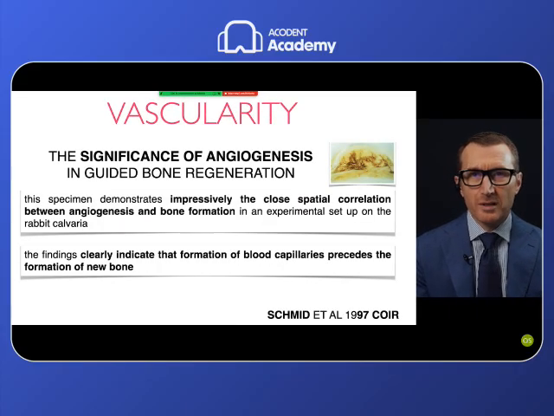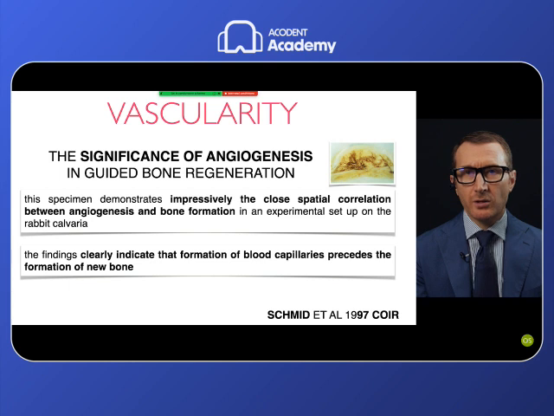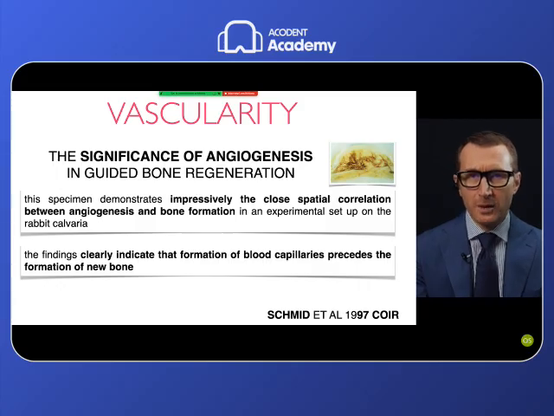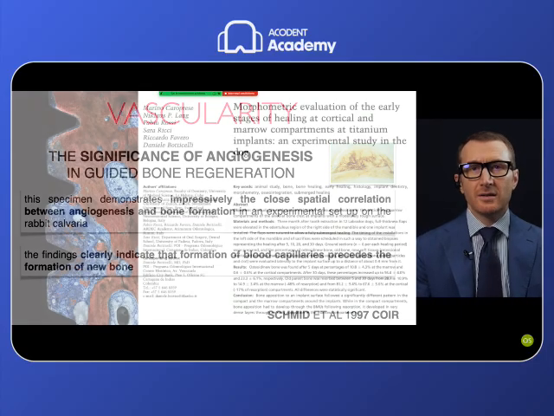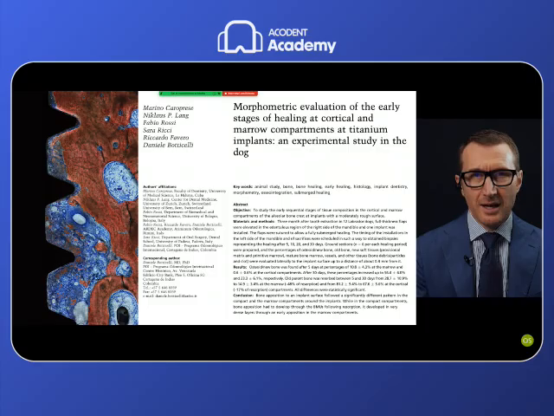Why is vascularity important, and how are we going to affect it? We know that vascular support must be three-dimensionally well distributed in the grafted area, and must be fast, because this vascular support will support the bone formation, and the bone will form just around the new vessel network that is going to develop in that area.